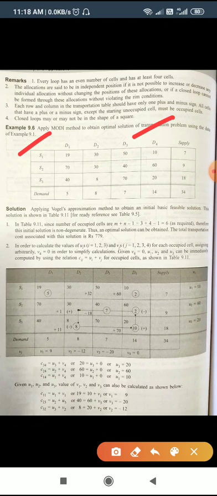In this question we use Vogel's approximation method to find the initial basic feasible solution, and the transportation cost is 779. The solution is non-degenerate also. Now we find the opportunity cost. First of all we find the ui, and these are the ui's and these are the vi's.